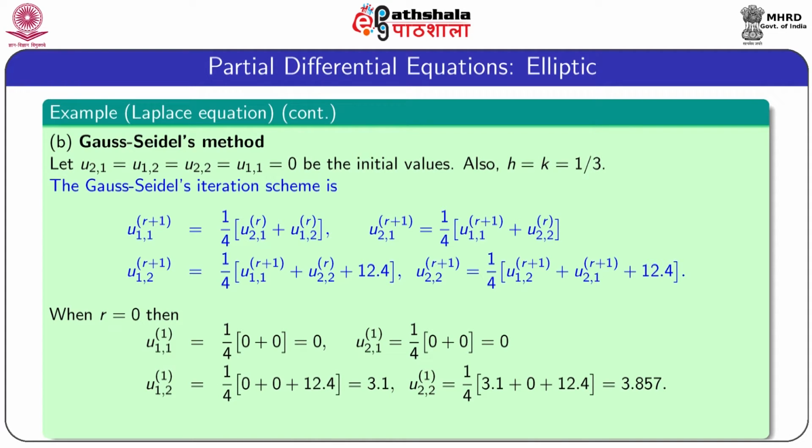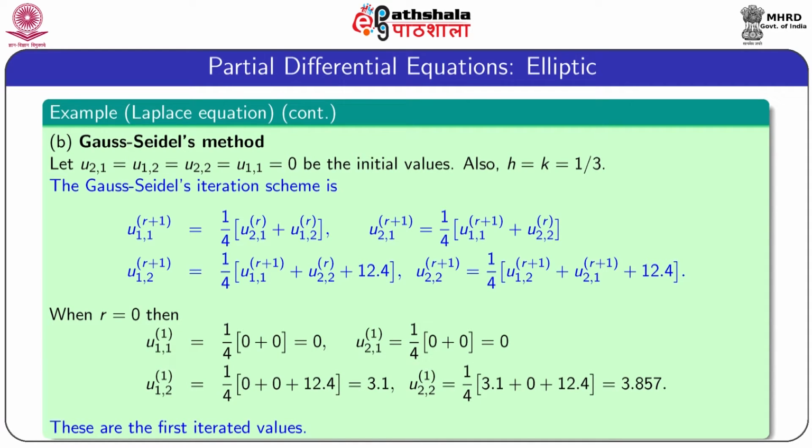When r equal to 0, we obtain the first approximate values of the variables: u11 is 0, u21 equal to 0, u12 equal to 3.1, same as in Jacobi's method, but the value of u22 is equal to 3.875. In Jacobi's method, we get u22 equal to 3.1, but in this case the value is changed because the formula for u22 is changed.